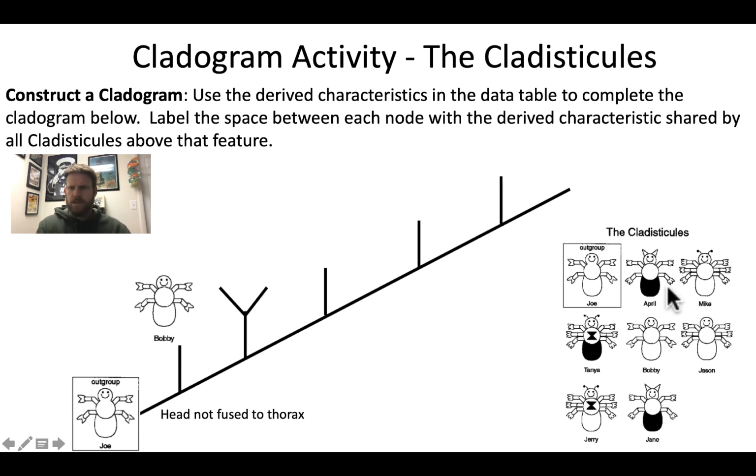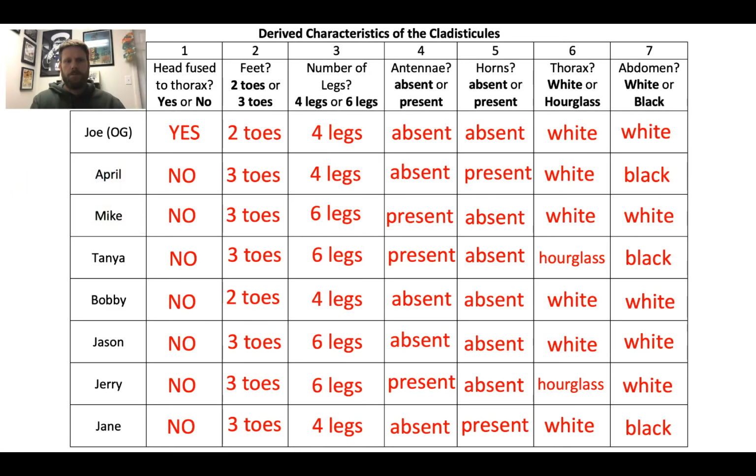Maybe it's the legs I need to do next. If you look at the data table, the difference between April and Jane when compared to Bobby is that they have 3 toes and they have black abdomens. Otherwise, they're exactly like Bobby. So should I use 3 toes or a black abdomen as my next derived characteristic?